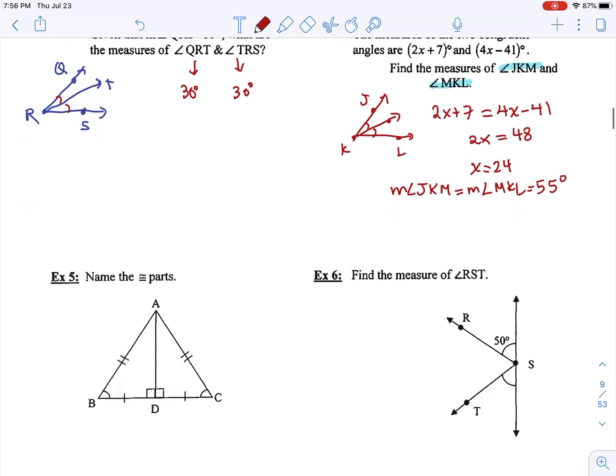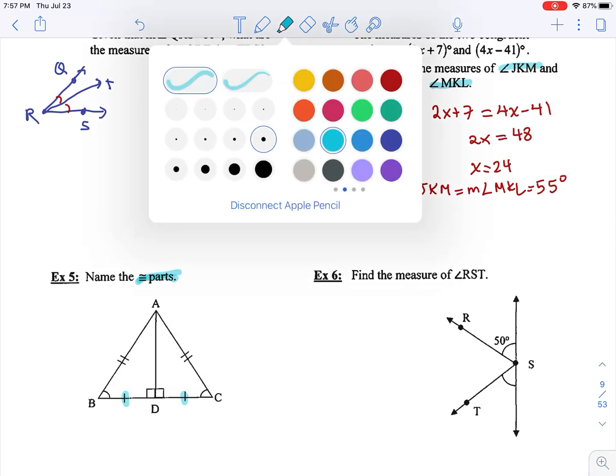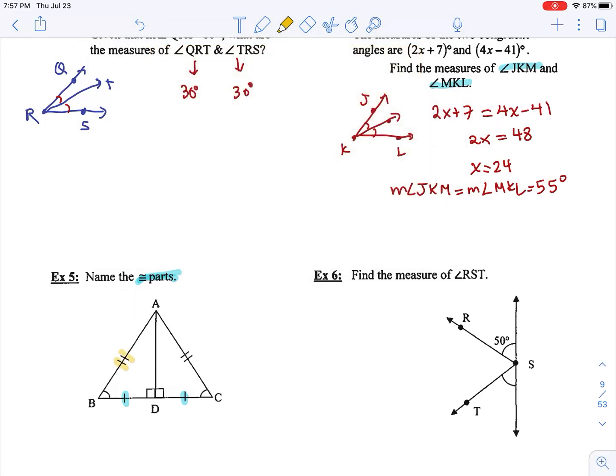So in geometry, we'll talk about eventually shapes like triangles and quadrilaterals that might be congruent to each other. So here, when they're asking us to name the congruent parts, these symbols that you see here are to indicate that the segments are congruent to each other, as opposed to these double marks right here, which mean that those segments are congruent to each other.